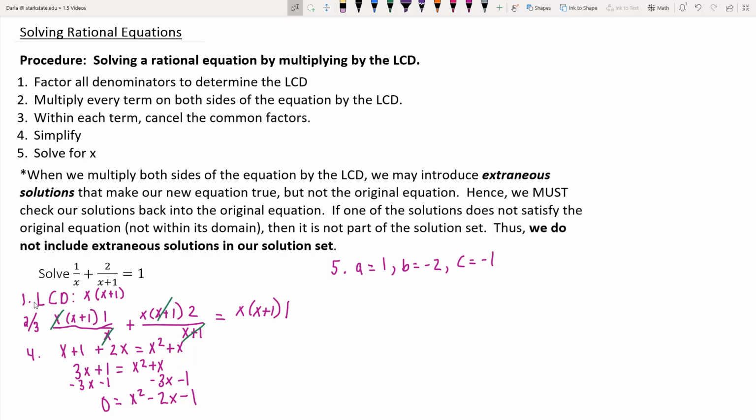And so then now we can use the quadratic formula, which says the opposite of b plus or minus the square root of b squared, which is 4, minus 4ac, all over 2 times a. And then just continue to simplify that expression down.